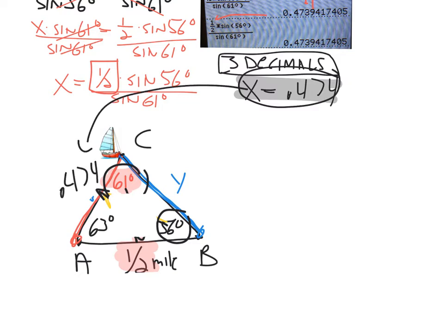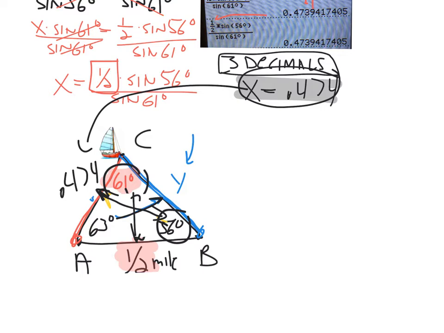And then now to find side Y, which is the side opposite angle A, I still have that matching set. I still have my C's. I actually have another matching set. I have my B's. So I can go about finding side A for Y on my diagram by the law of sines, because I now have 2 matching sets, or now I have 2 sides.